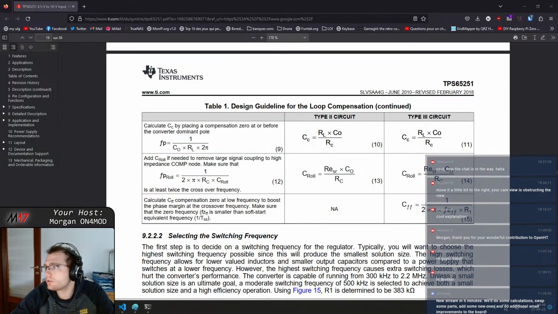So I'm not sure of what I should use. What should I... Okay, let's have a look at what Murata says.